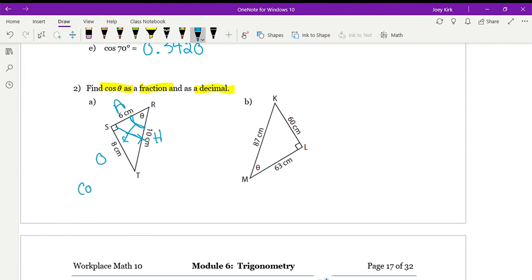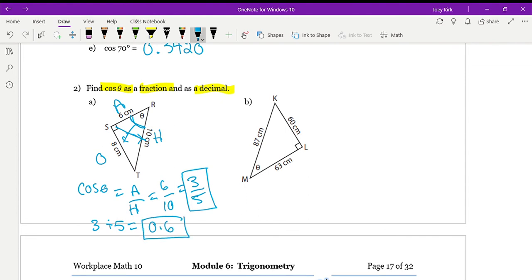So I know that cos of my angle is equal to the adjacent over the hypotenuse, which is going to be 6 over 10, or 3 over 5, as a fraction. And then as a decimal, 3 divided by 5, we are going to get 0.6 as our decimal.